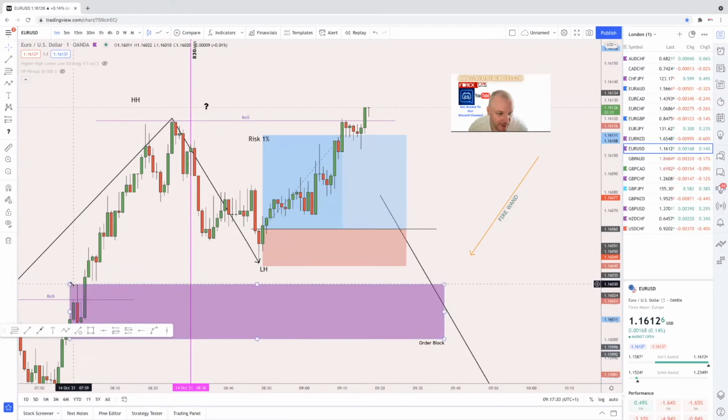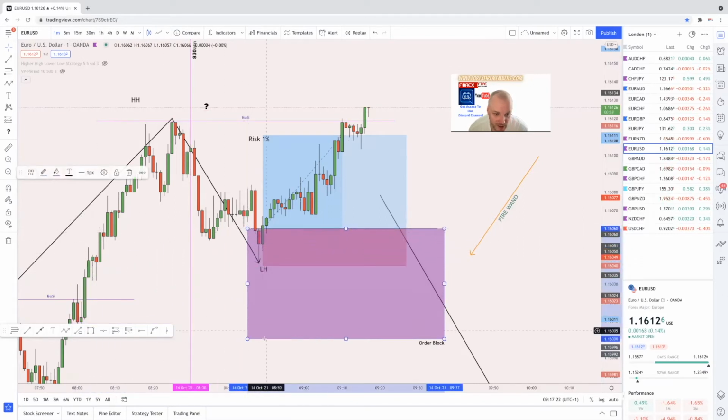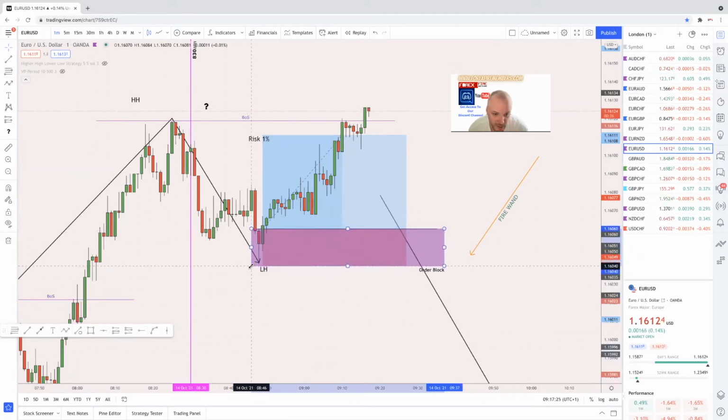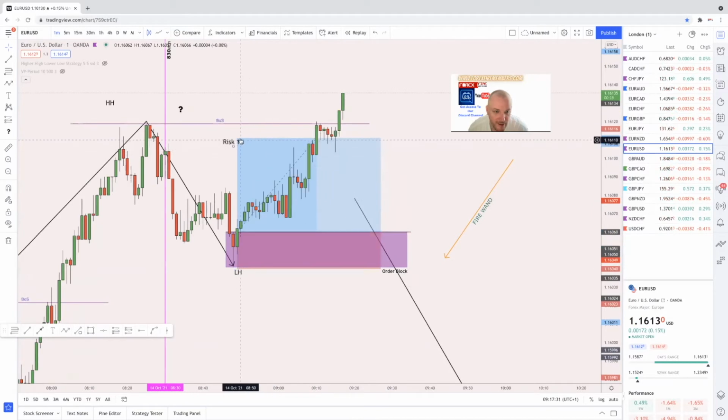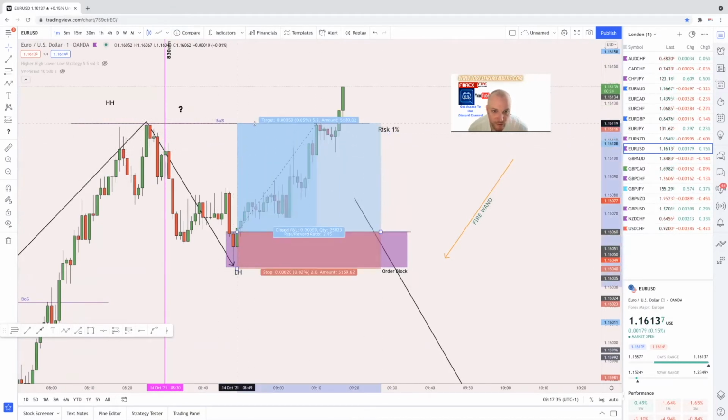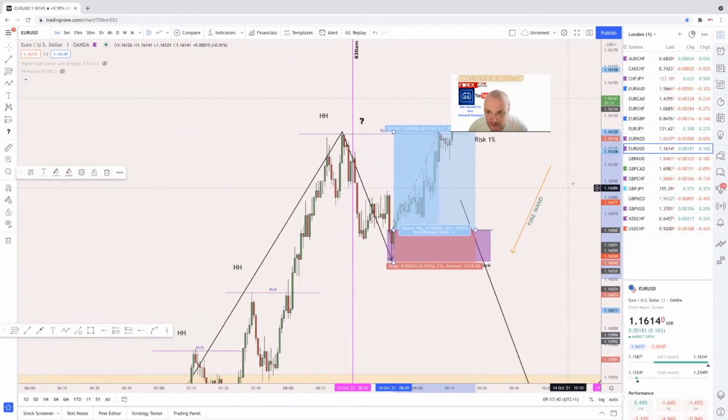Okay. And now the order block, or what we expect on the order block area, is this bit here. Okay. And the movement, it looks like this is going to rocket off, to be fair. That's a 1 to 3 as well.